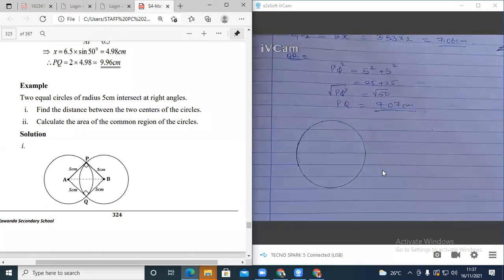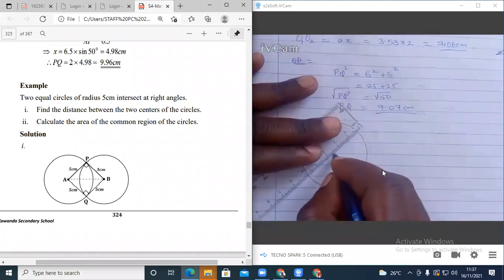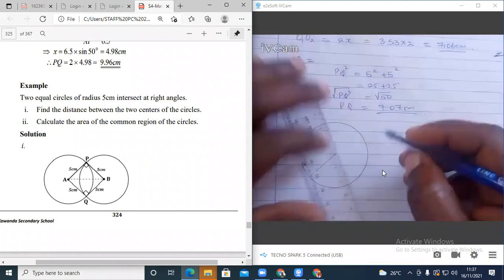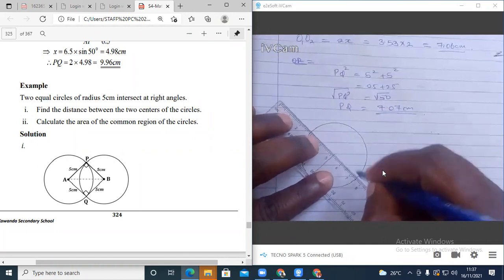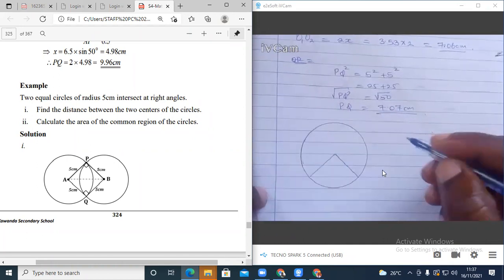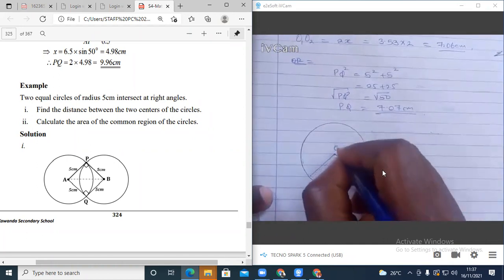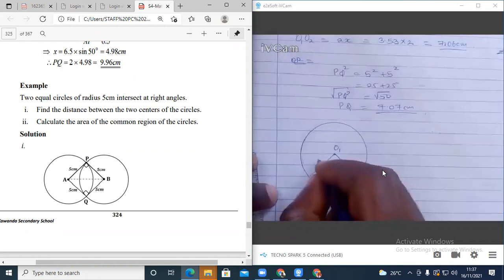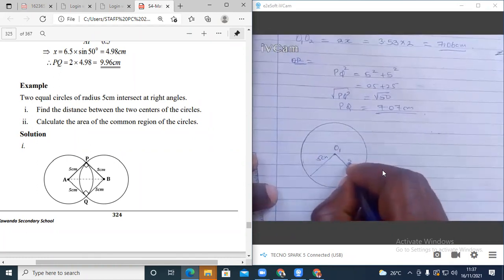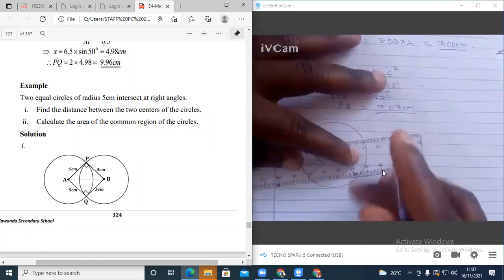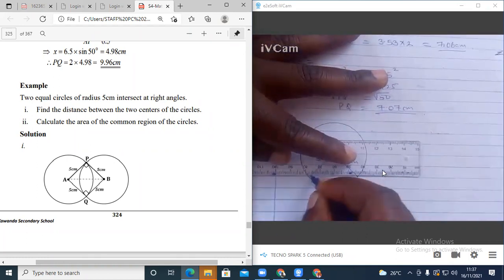So let me draw only one circle there. I put that this was 5 centimeters, even this one was 5 centimeters. Let me call this one O1.